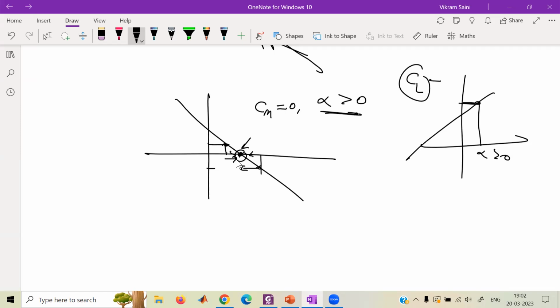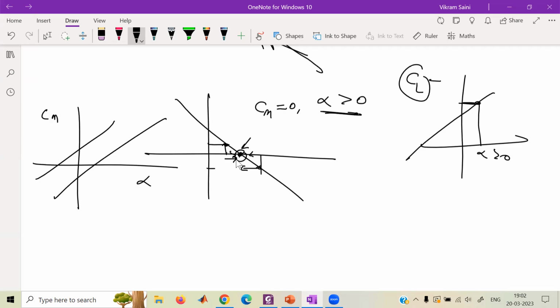Now just change the slope slightly like that, with CM versus alpha. Let's make this one positive pitching. Now for some reason alpha increased right here. Now CM is positive, so alpha will increase more, because it's always positive. But when the slope was negative, what happened?